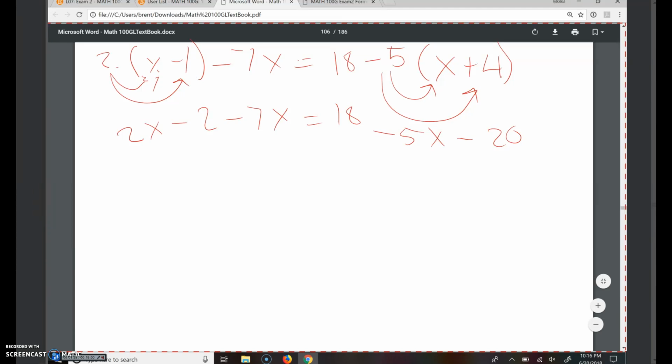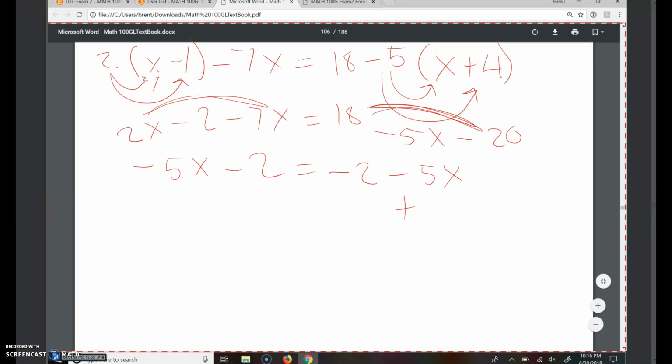Okay, and then combine like terms, these two right here. So 2x minus 7x is going to be -5x minus 2 equals, and we have these two like terms, they're both just numbers, so 18 minus 20 is going to be -2, and we have minus 5x.